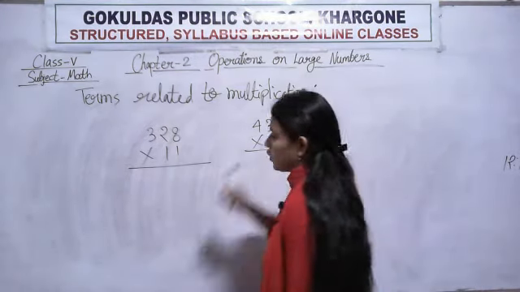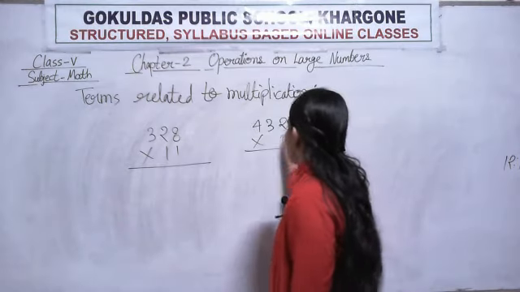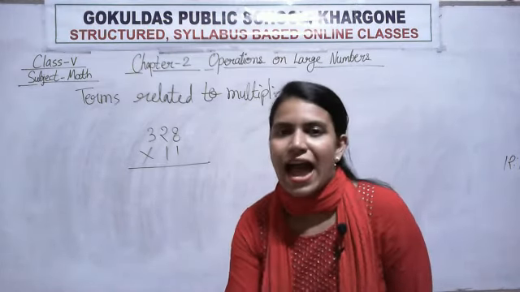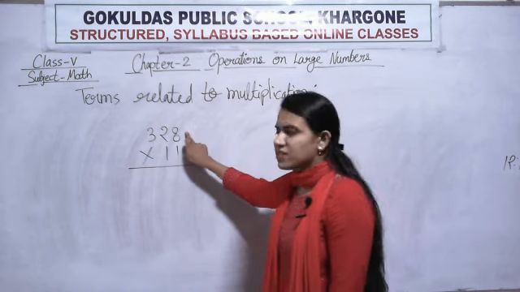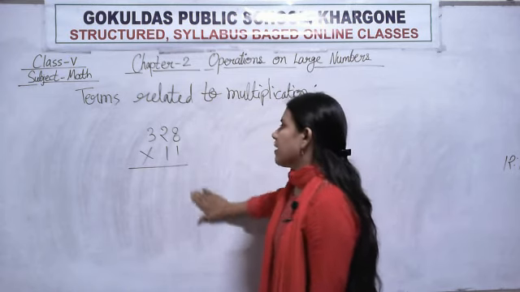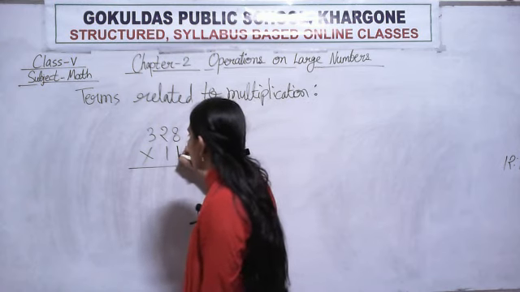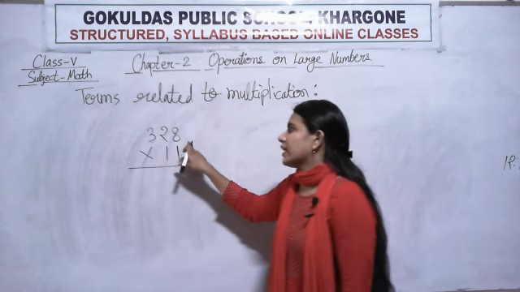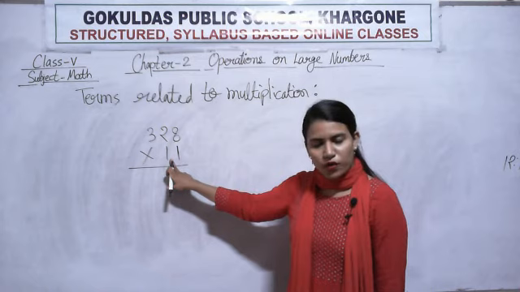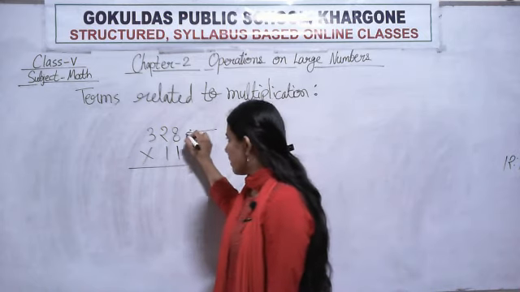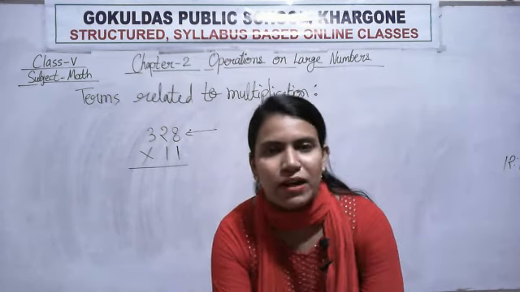What terms are related to multiplication? Suppose I am multiplying 328 by 11.